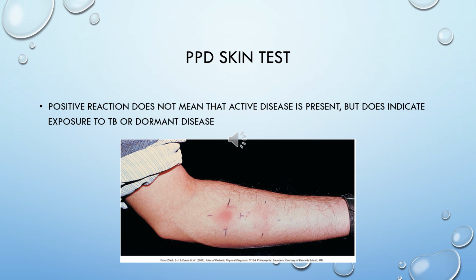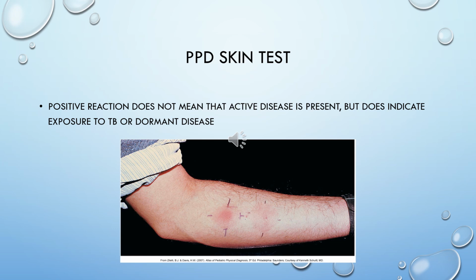This is a little picture of an actual TB skin test. You can see that the patient does have a reddened area, but more importantly, we're looking, like I said, at that raised area. Told you it does not mean that the patient actually has active TB, but that the patient has been exposed at some point. 10 millimeters is usually the indication for a positive test, but in those patients who are immunocompromised, like I said, they can have that anergy response where the immune system is not working.